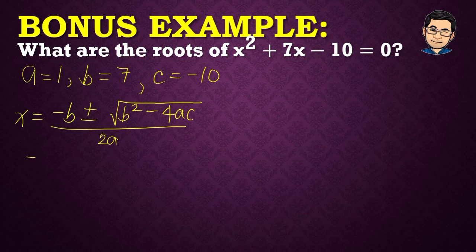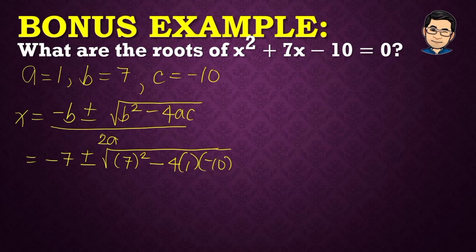And then, the value of b, negative 7 plus square root of, substitute ulit natin, 7 squared minus 4 times the value of a, 1, times the value of c, negative 10. Okay. And then 2 times the value of a again, 1.